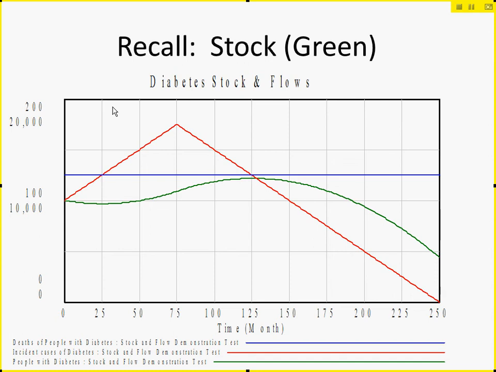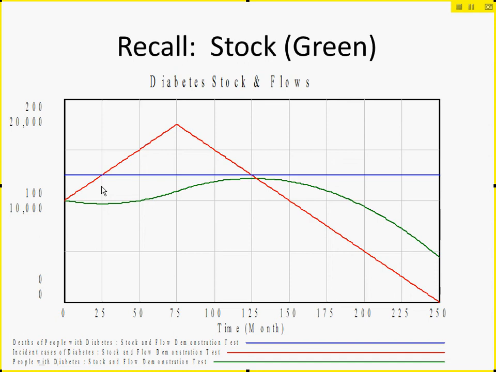Now, in this case, we were examining a situation where the flows are fixed. They were predefined. And some of you asked me via email, how would you create a case like that? If you wanted to simulate this case in a tool like Vensim or a tool like AnyLogic, how would you do that?